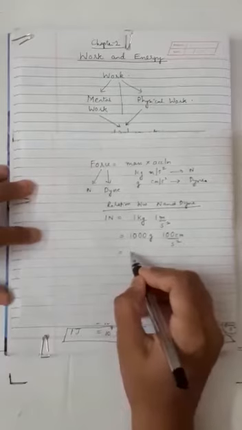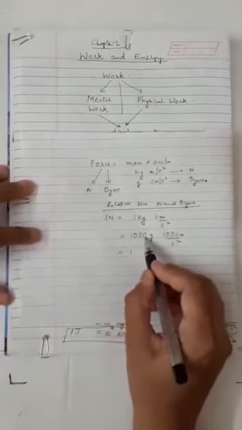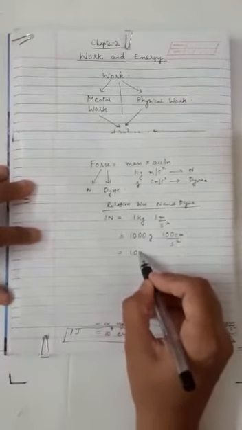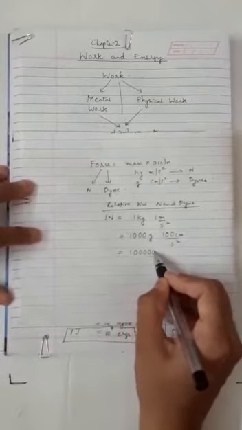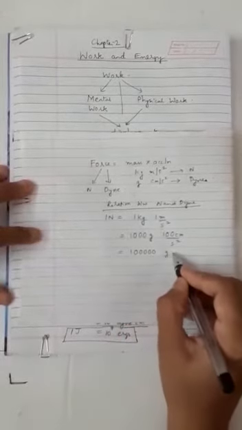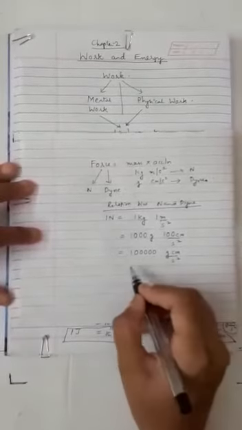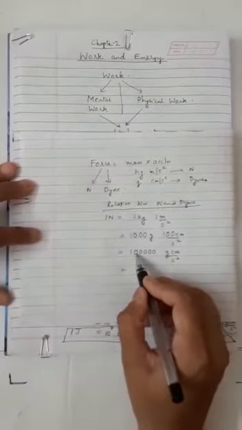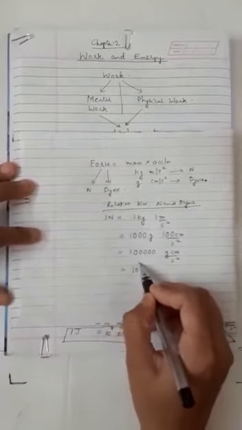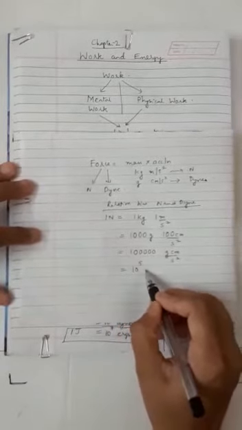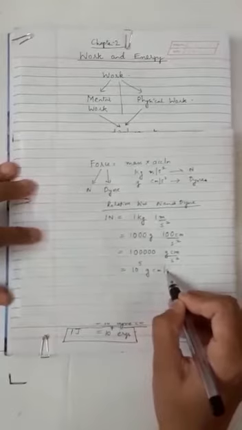Now if we count the zeros, how many in total? 1, 2, 3, 4 and 5. Let me write this together: gram centimeter per second square. So 10 to the power of 5 gram centimeters per second square.